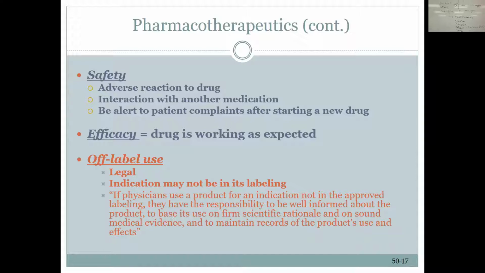Many drugs are approved for one use. Very few drugs are so exquisitely targeted, although we have more and more of that technology.